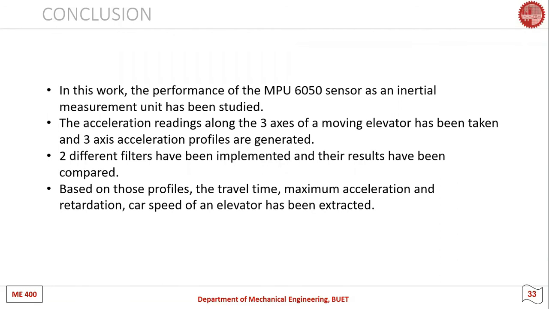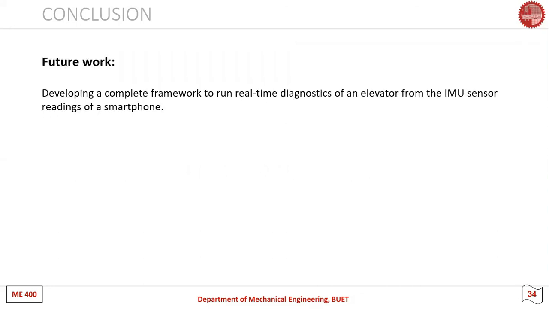Based on those profiles, different parameters of the elevator have been extracted, and also uneven acceleration and retardation have been detected. The future work for this project could be developing a complete framework to run real-time diagnostics of an elevator from the IMU sensor readings of a smartphone.